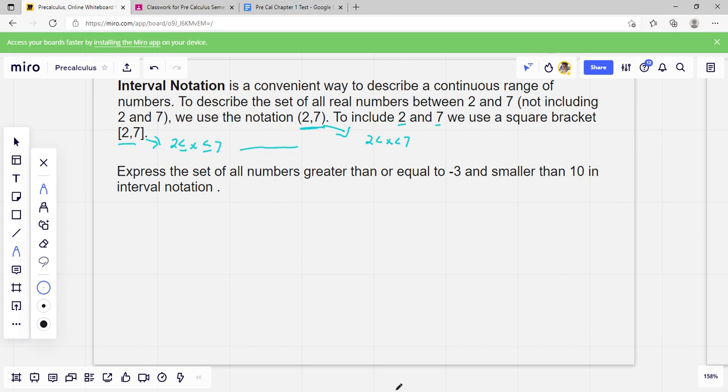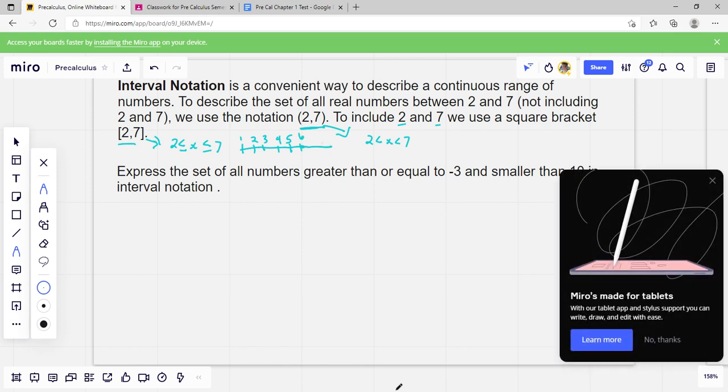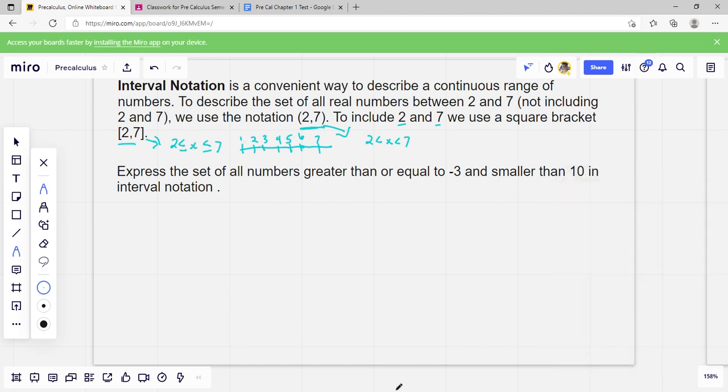When we write that on a number line, for this one, with the parentheses, that would be from 2 to 7 with round open circles, because it doesn't include the 2 and the 7.